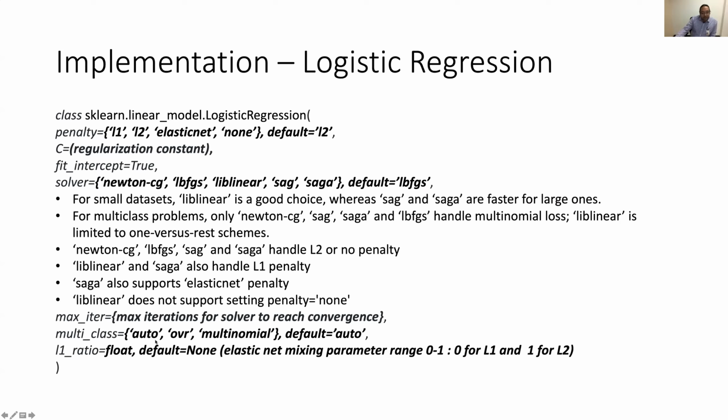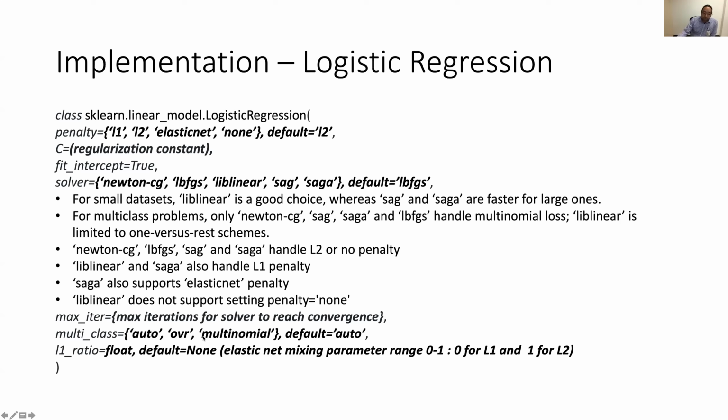And multi-class, this is where you explicitly say what kind of regression you are doing, right? Usually just leave it on auto, and it's usually pretty smart if you're doing multinomial or binary classification or even ordinal classification. But you can explicitly set it.